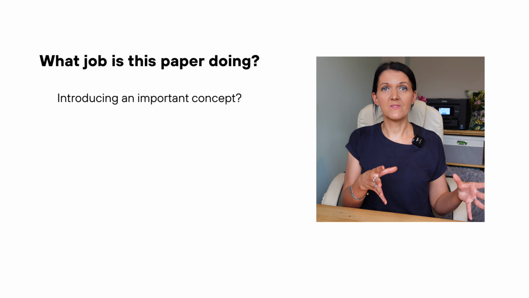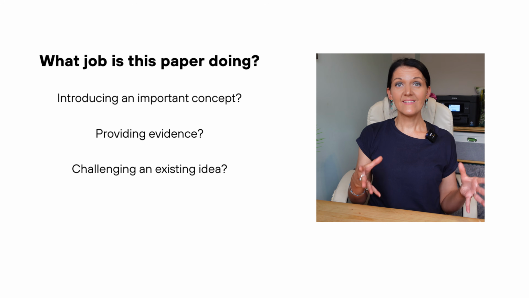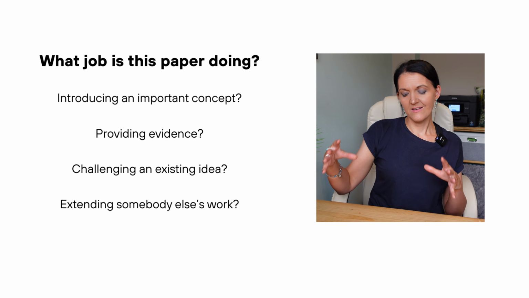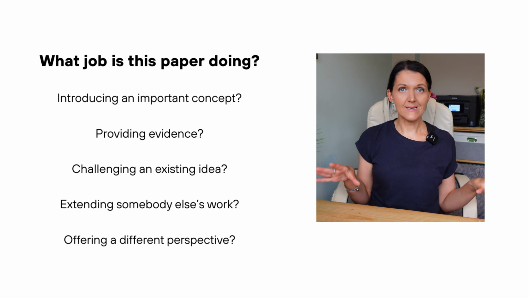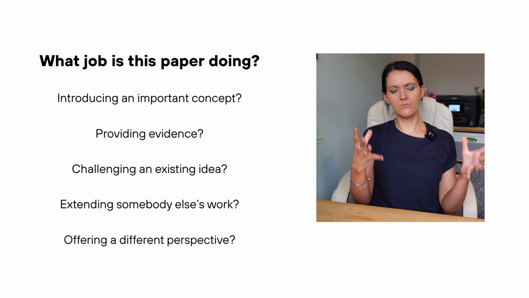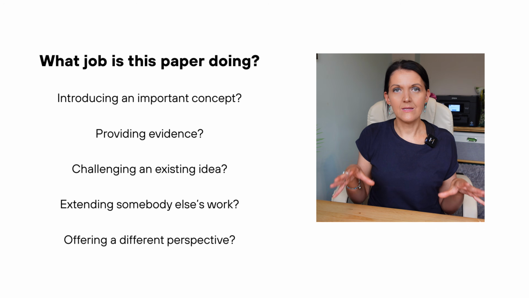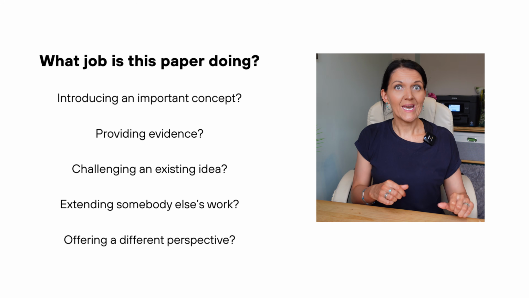So, is it introducing an important concept? Is it providing evidence? Is it challenging an existing idea? Is it extending somebody else's work? Or is it offering a completely different perspective? When you can see the role and the purpose that the different papers are playing in your literature review, that is when your writing becomes a lot more analytical.